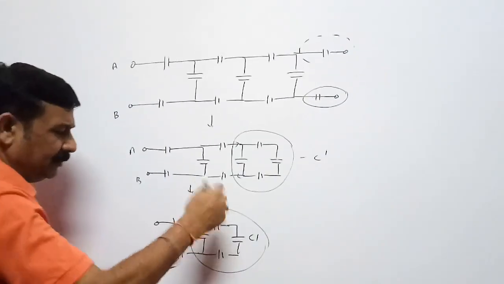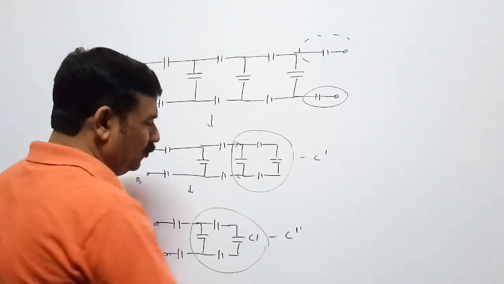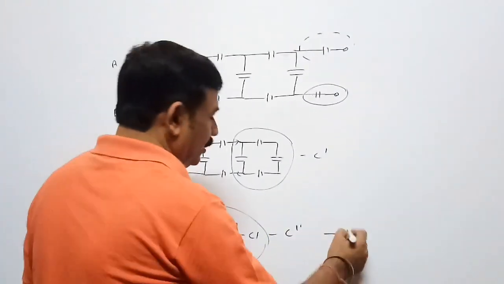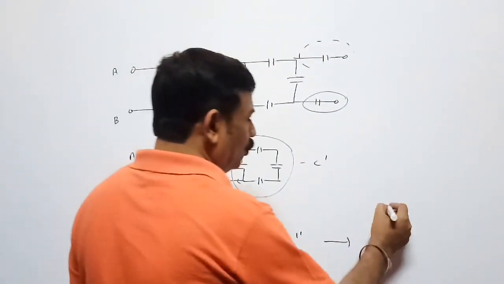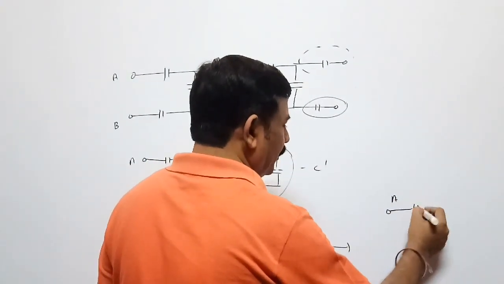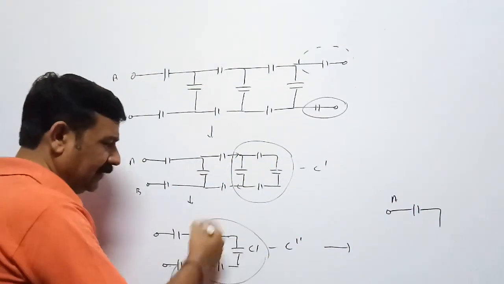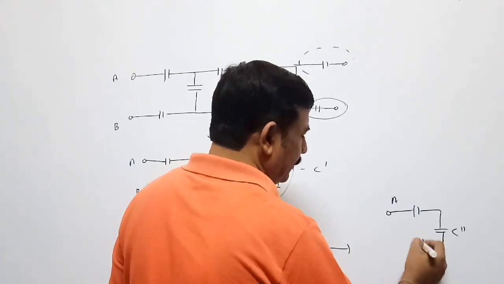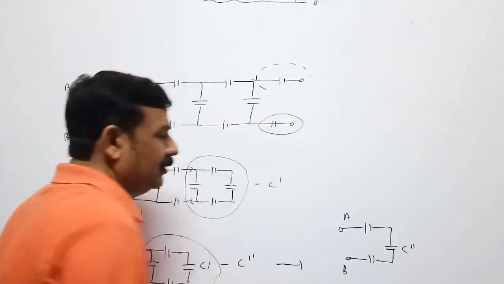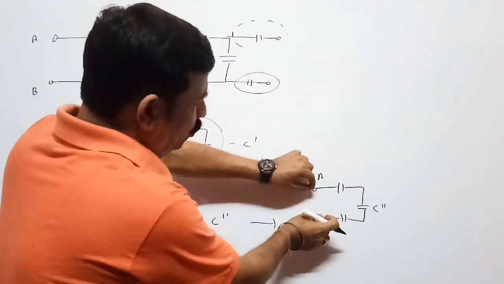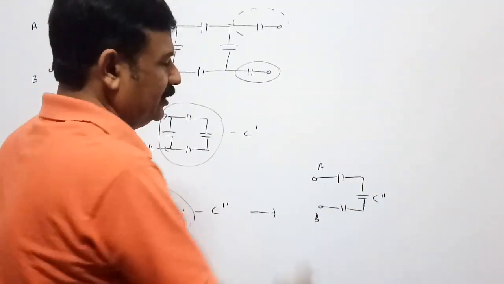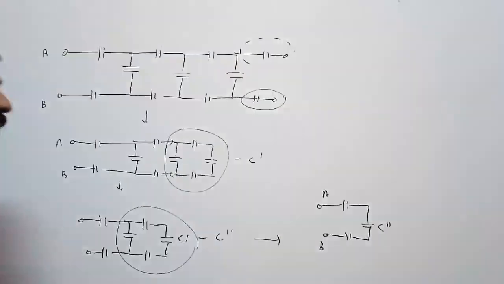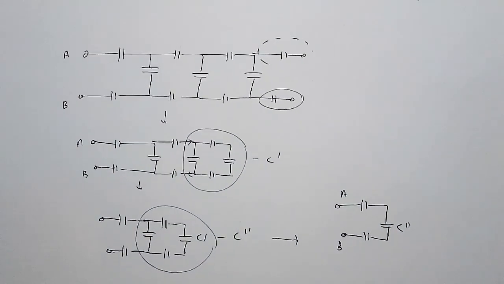So net capacity of this subgroup becomes C double dash. Remove this group also. Now you will have point A, one capacitor, net capacity of this combination is C double dash, and this capacitor to point B. Now with respect to these two, if we stretch, all are in series. Very easily we can find the net capacity of the combination.